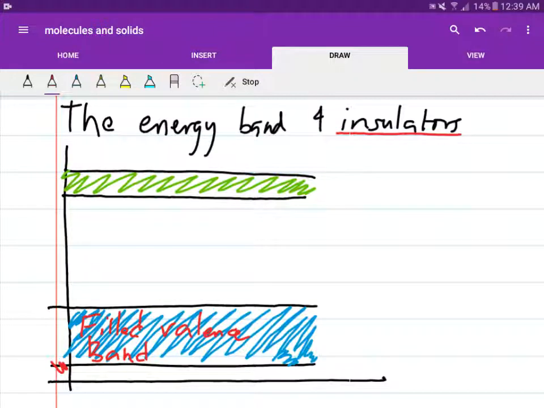So all the valence electrons of the insulators lie in this area. Now, the next allowed energy band for these electrons is called the conduction band.